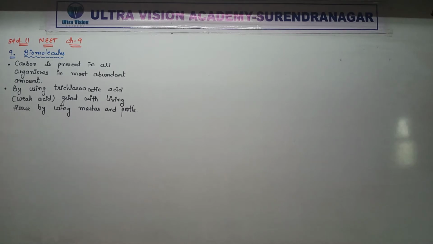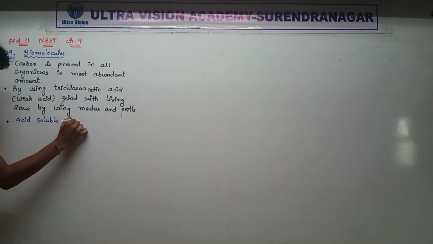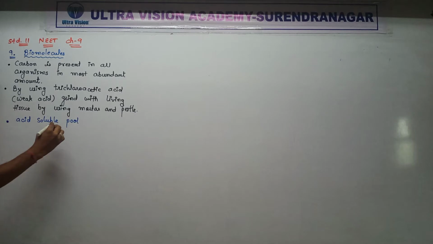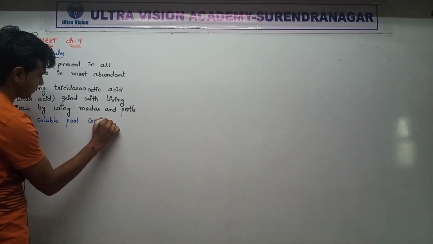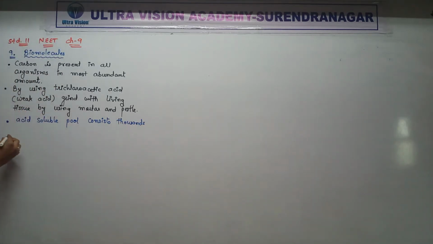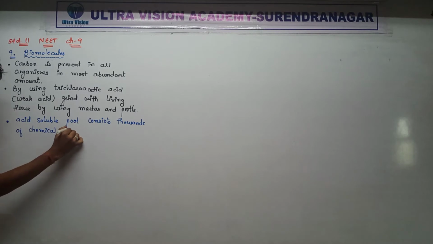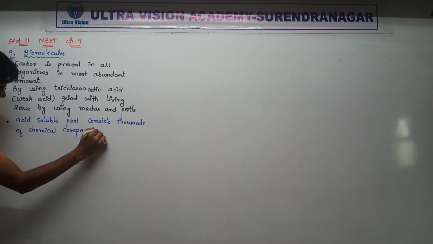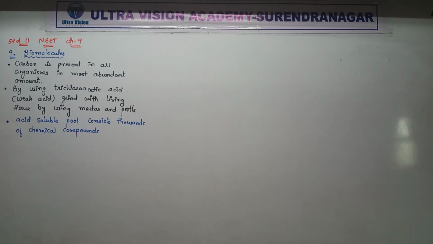The acid soluble pool consists of thousands of organic compounds.